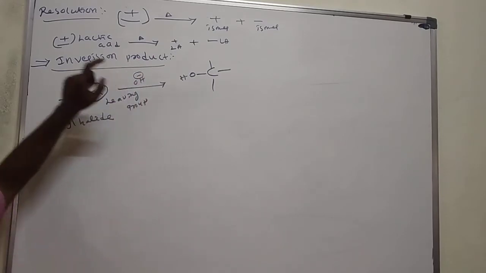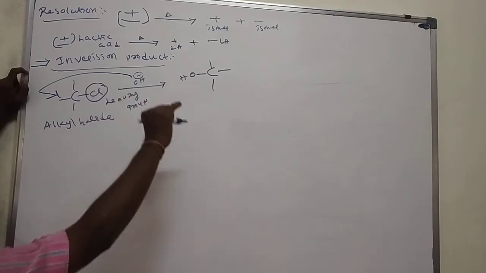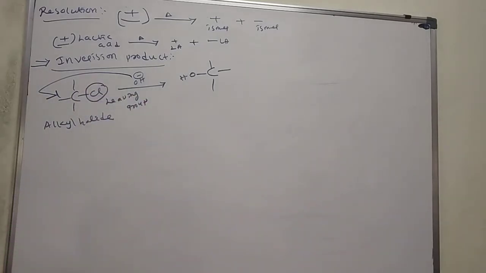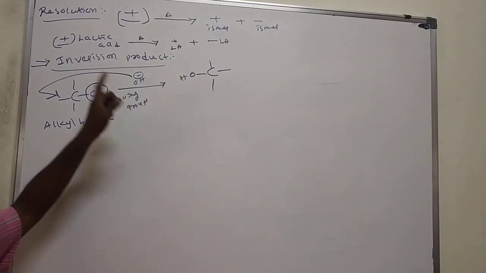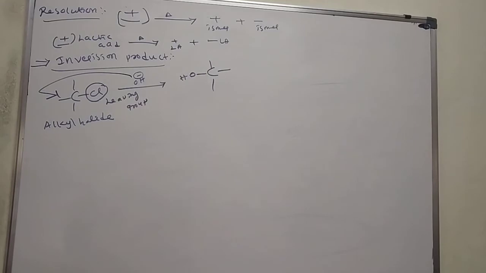This attacking reagent attacks from the backside of the carbon, and the Cl group is released from the right side. That configuration product we call an inversion product. The reagent and product both have opposite configuration.